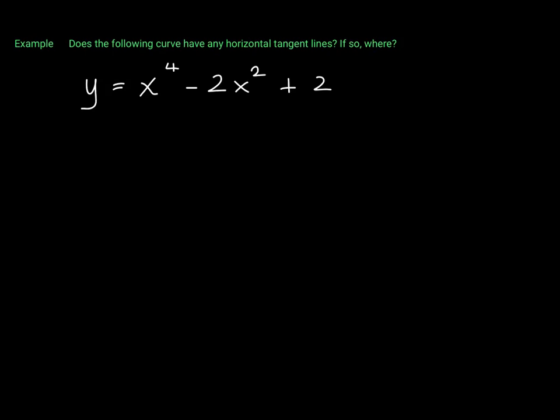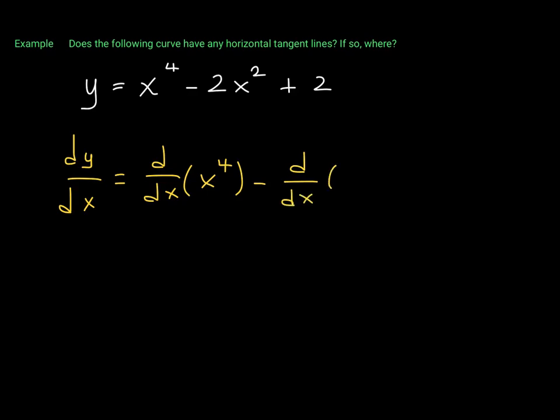Let's find dy/dx. That is to say, let's find y prime. So dy/dx is equal to the derivative of x to the fourth power minus the derivative of 2x squared plus the derivative of 2. Right there, I already used the sum and the difference rules. The derivative of x to the fourth is 4x cubed. That's the power rule.